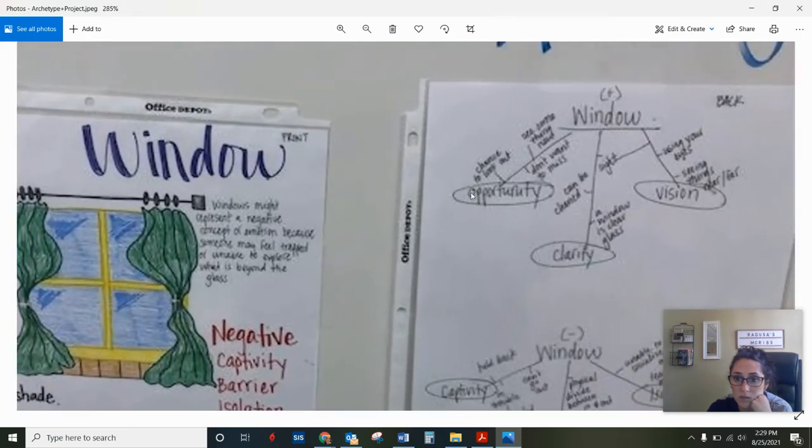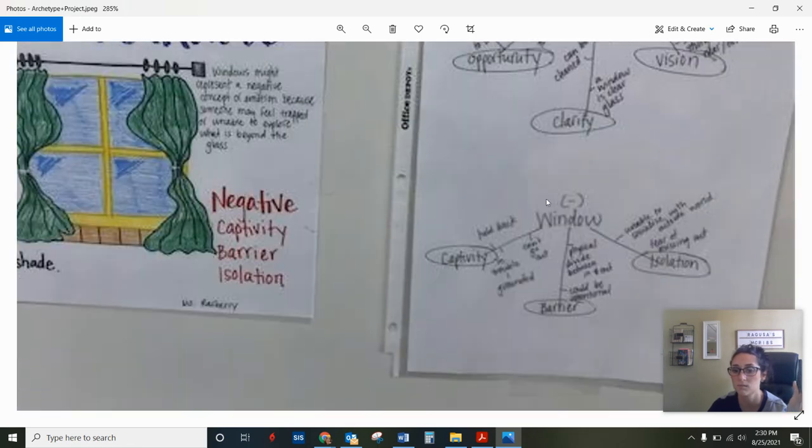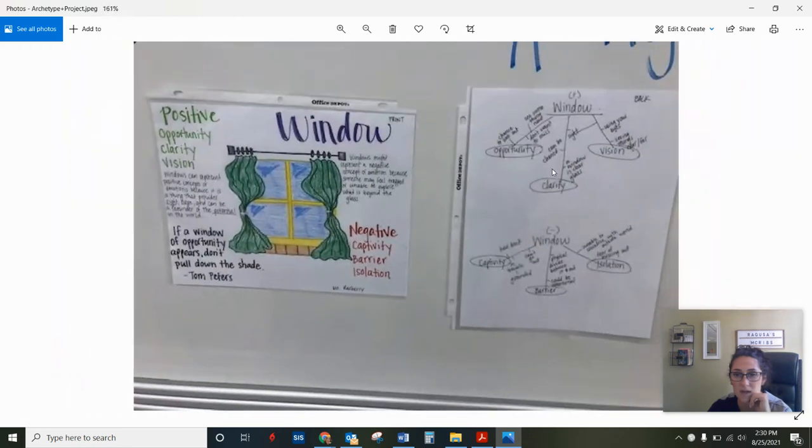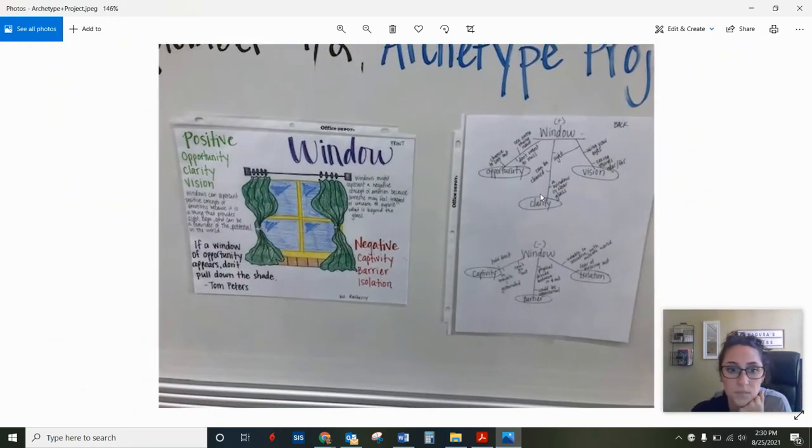So with the window, positive is opportunity, clarity, vision. All good symbolism that's positive from a window. But the next one, there's negative, okay? So isolation, captivity, barred, right? I know it's a little blurry, but hopefully you can see that. But that's what you're going with this, okay? That's what the bubble map is intended for.